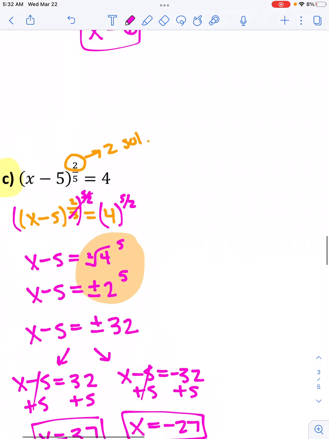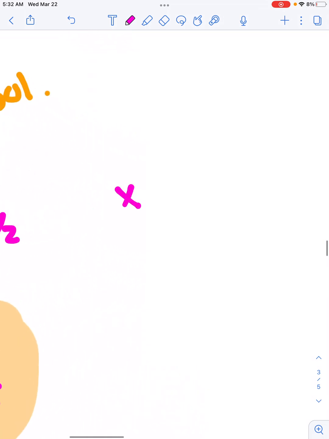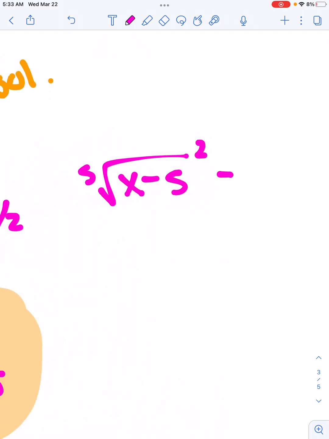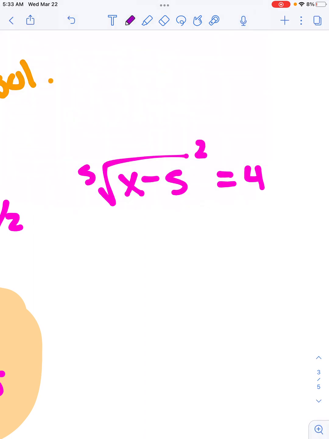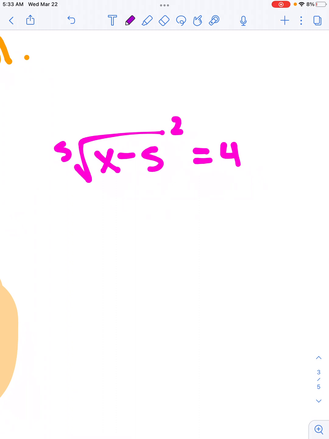radical right away. So x minus 5 to the 2/5 would be the same as the 5th root of x minus 5 squared equals 4. So if you want to turn it to a radical, then when you go to take the root steps, you have to do both of these, the 5 and the 2, whatever order you decide to do them.